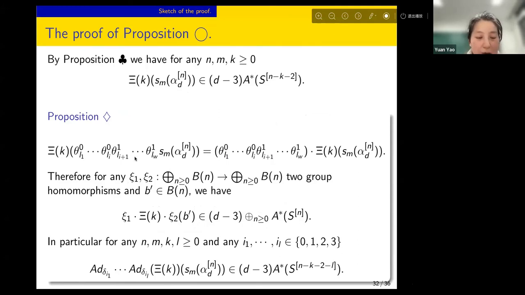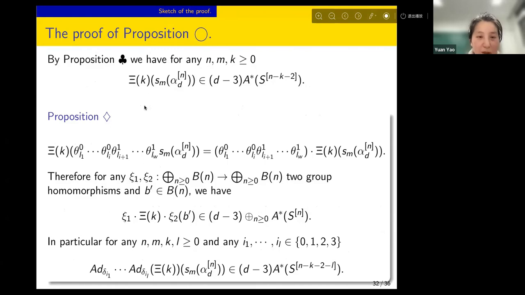Once you have S M belonging to D minus 3 times this Chow range, then no matter how many thetas come before it, after this operator it still belongs to D minus 3 times the Chow range. That's the proposition diamond. That's the advantage of the new operator.